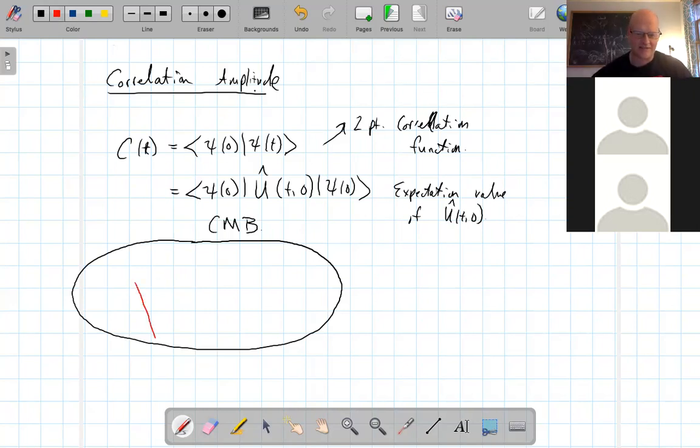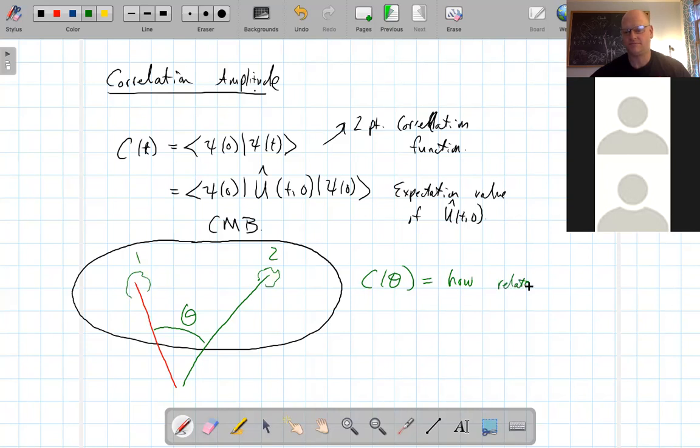If I take some point here at some angle, and choose another point over here, separated by some angle theta, then the two-point correlation function C of theta tells you how this point correlates to this point. If this is point 1 and this is point 2, it tells me how related these points are.